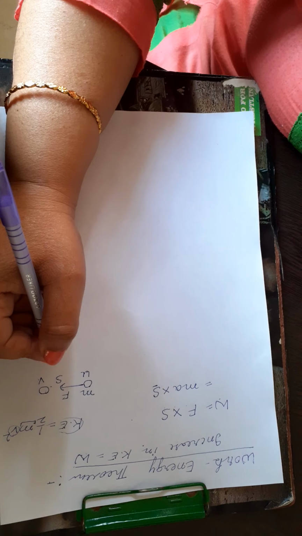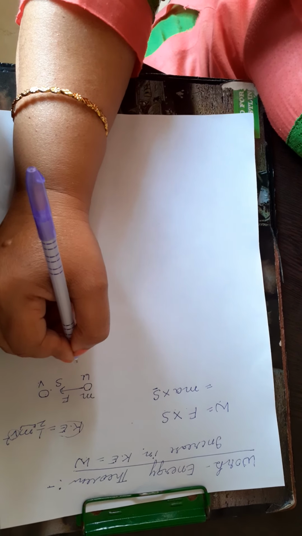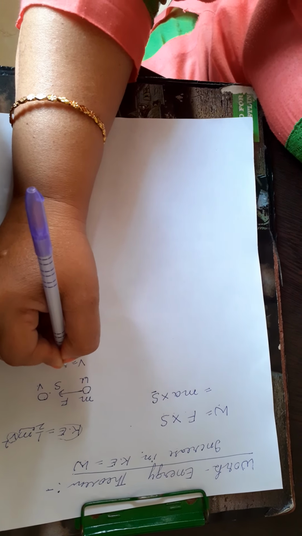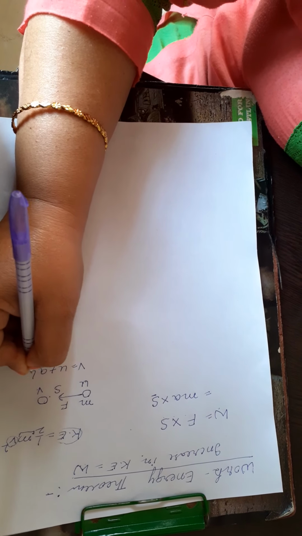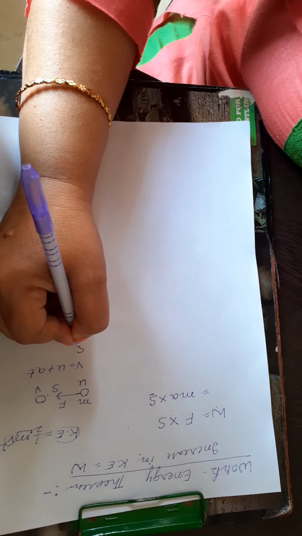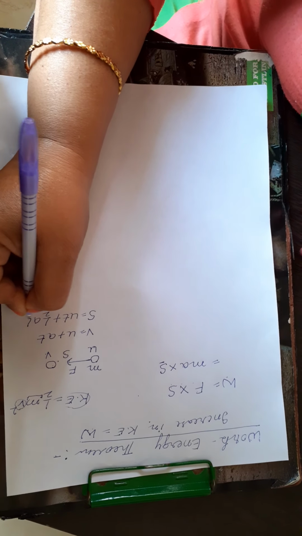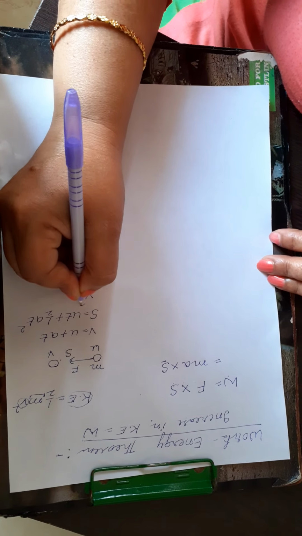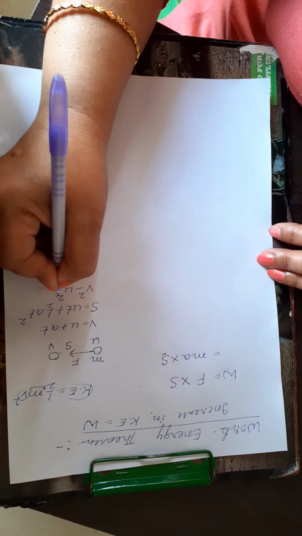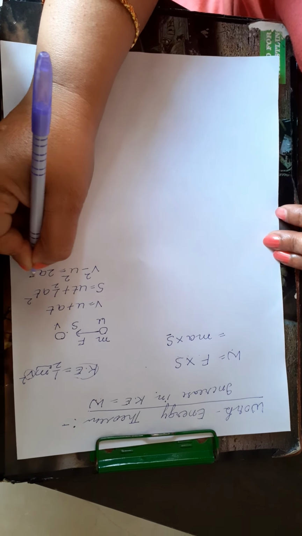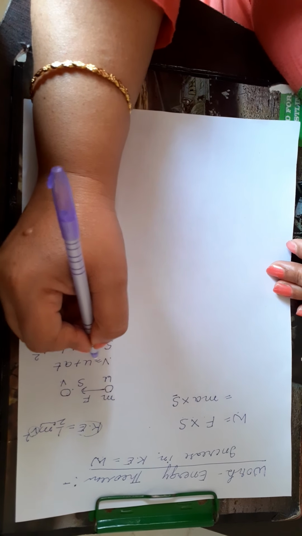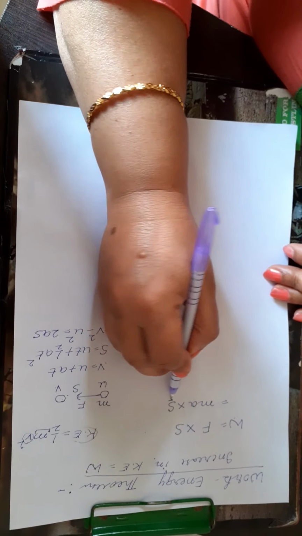There are three equations of motion that you know. The first equation of motion is v is equal to u plus at. The second equation is s is equal to ut plus half at square. And the third equation of motion is v square minus u square is equal to 2as. Now beta, in the first equation of motion, here we have to find the value of s.